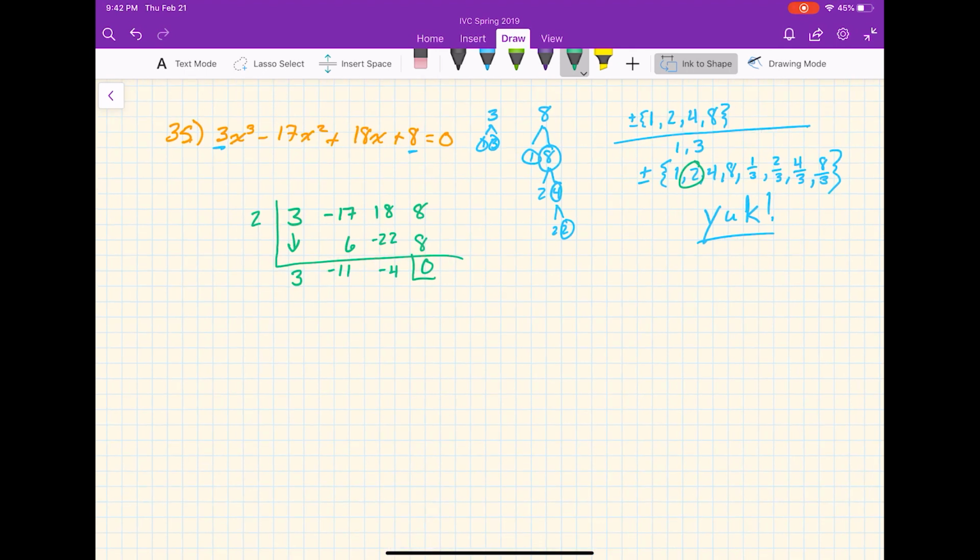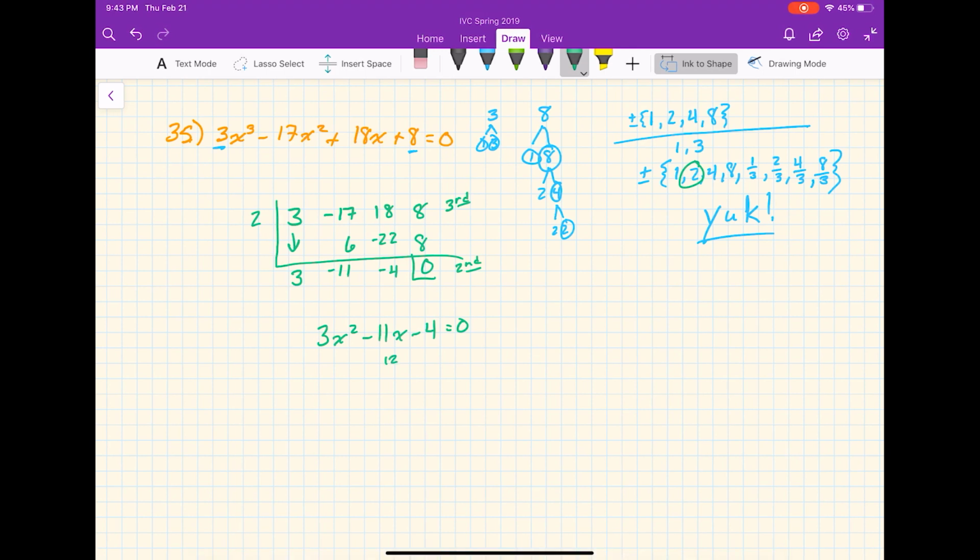We found our first 0, so x minus 2. This is the third, this is the second. So we can write this out as 3x squared minus 11x minus 4. Is this something we can factor? I think it is, because we can do plus 1 minus 12.